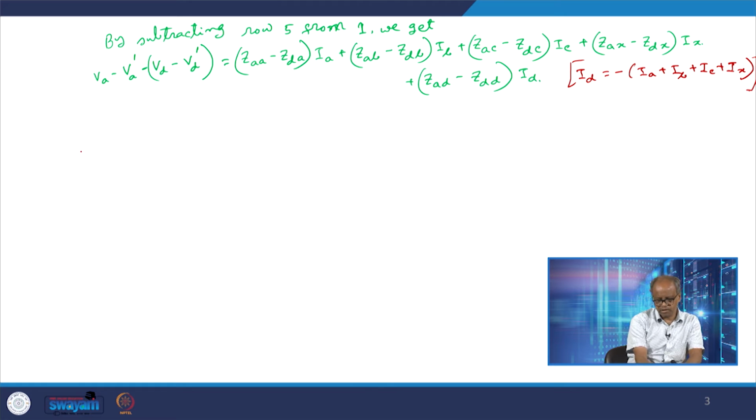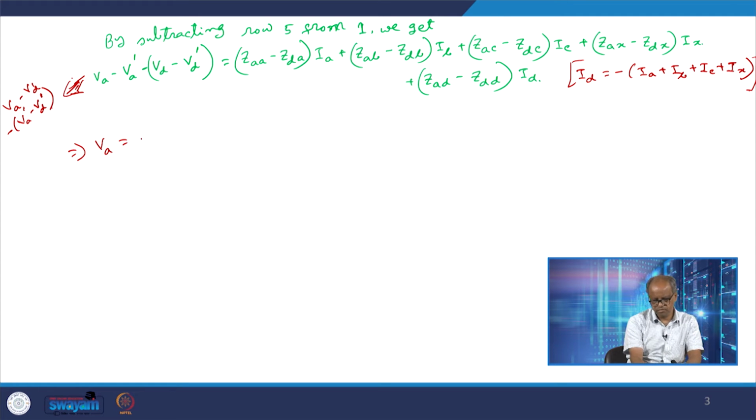If I do that, and I know that VD is 0, then it will turn out that VA is equal to VA minus VD minus VA dash minus VD dash. So this would be the case, right? Of course VD dash is 0, and VA dash minus VD dash is also 0. So then only VA will remain.